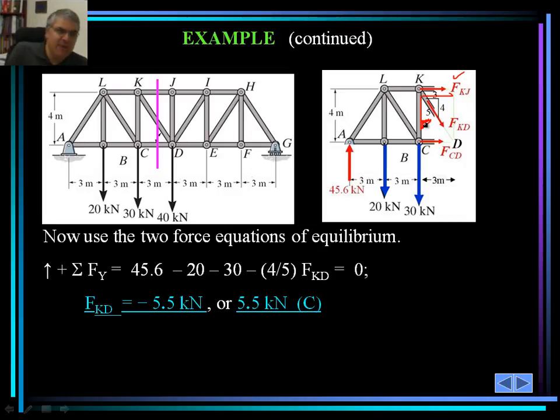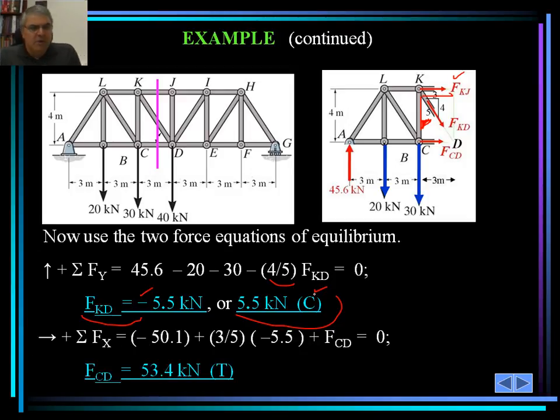So the y component of F sub kd is nothing but 4/5 of kd. Again, we have only one unknown, that's F sub kd, and it's calculated as a negative number, and that means that member is also in compression. Note again that I don't change the signs here. I just indicate tension or compression, since it turned out to be a negative number, and that means it's in compression.